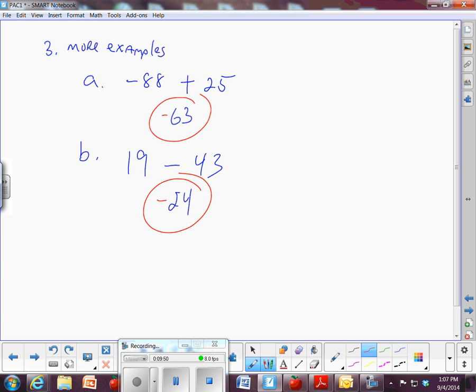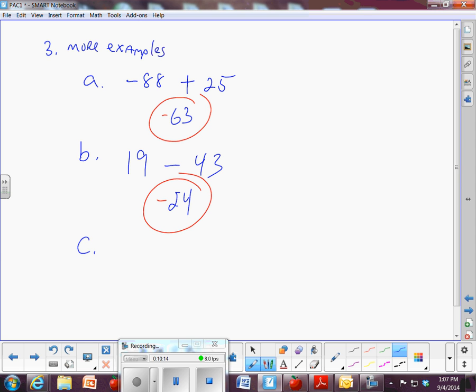Negative 24. On you go. That's it. It's very quick, and it's done mentally and makes for an easy way to get them, and hopefully you won't miss them at all.